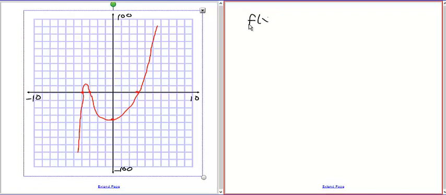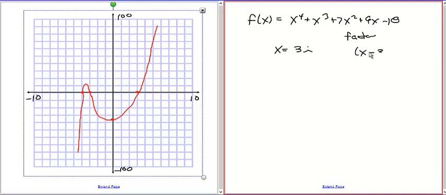So we have f of x is equal to x to the 4th plus x cubed plus 7x squared plus 9x minus 18. And one of the zeros is 3i. Now the corresponding factor is going to be x minus 3i.